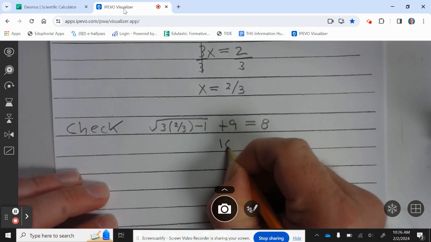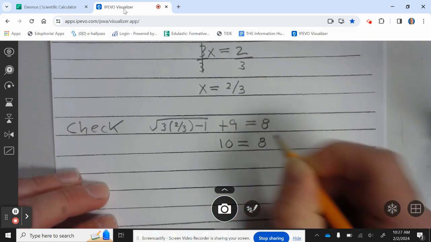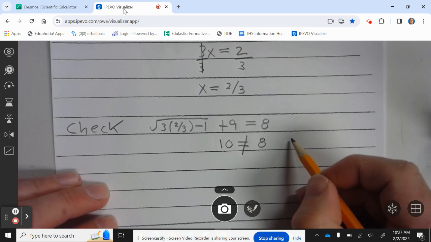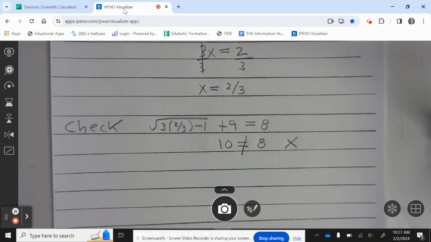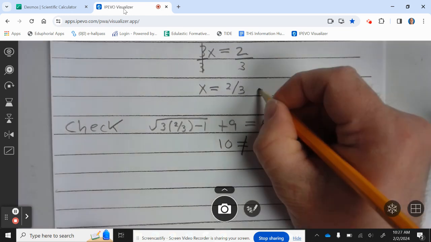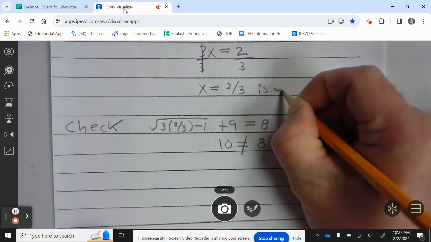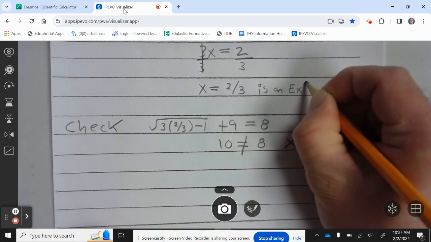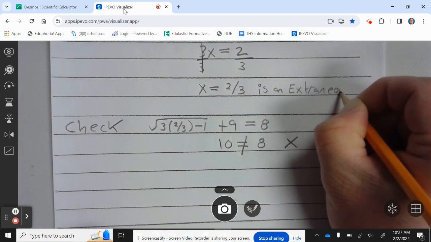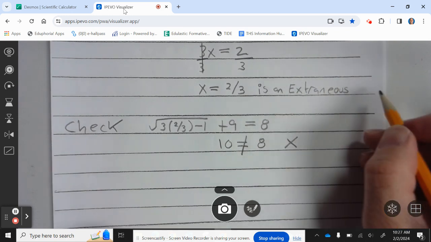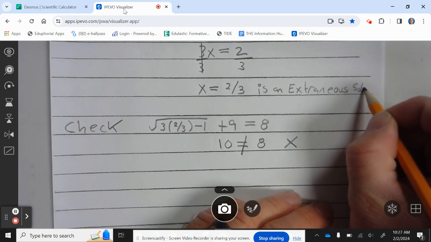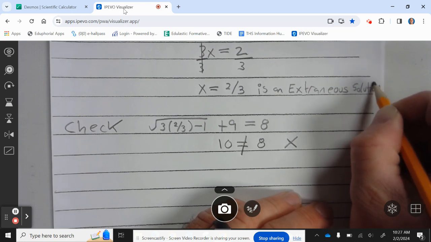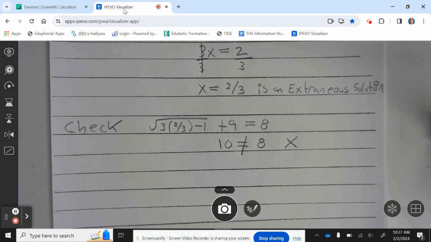Okay, so we get 10 equal to 8. 10 does not equal 8, so this does not check. So x equals 2/3 is not a valid solution. So we can say that x equals 2/3 is an extraneous solution. All right, go ahead and finish up 2f.